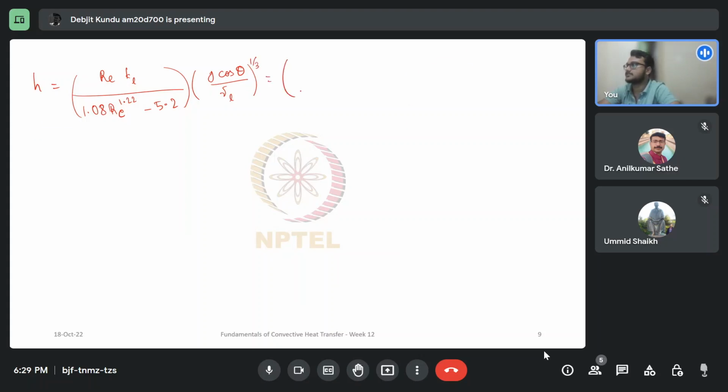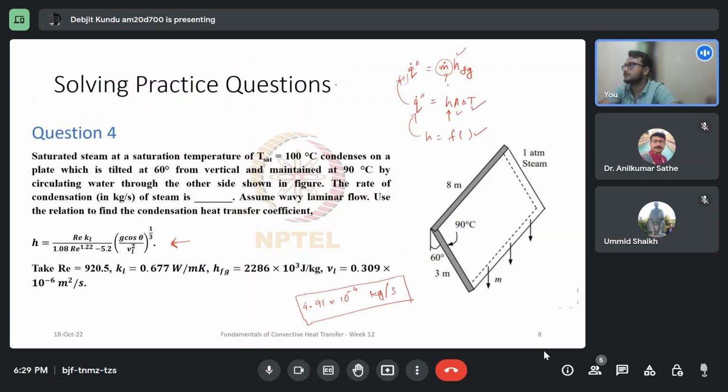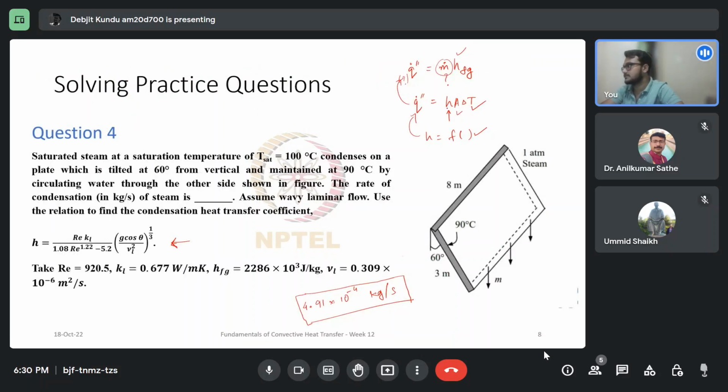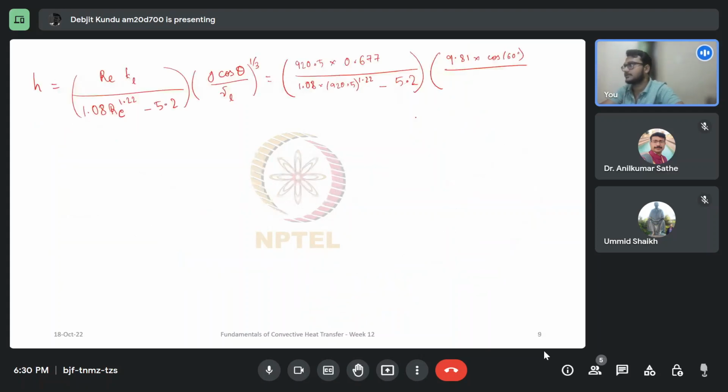Plugging in all the values: Re is 920.5, KL is 0.677, divided by 1.08 multiplied by 920.5 to the power 1.22 minus 5.2, and here we have 9.81 into cos 60 degrees divided by nu L squared, where nu L is 0.309 into 10 to the power minus 6, and this whole thing to the power 1/3.